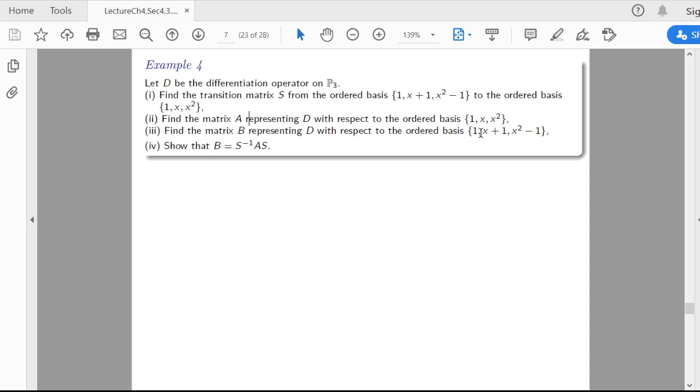Now, how to say this is a basis? To do that, we need just to show these three vectors are linearly independent. The last question is show that B equals the inverse of S times A times S.